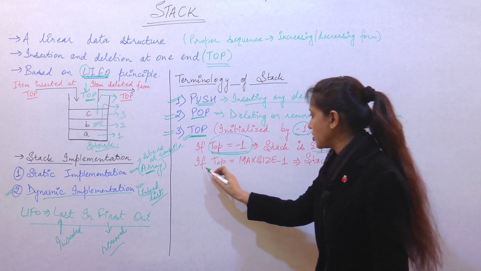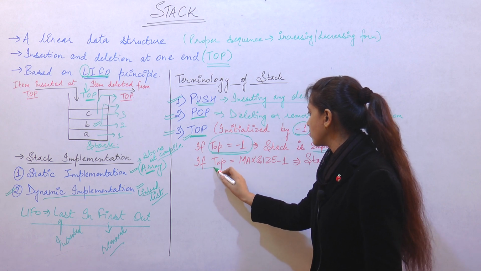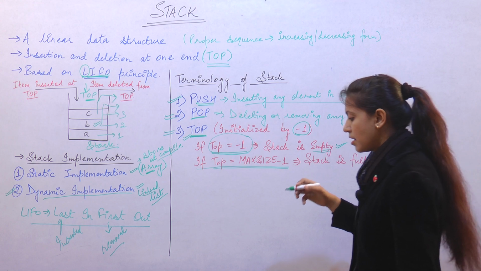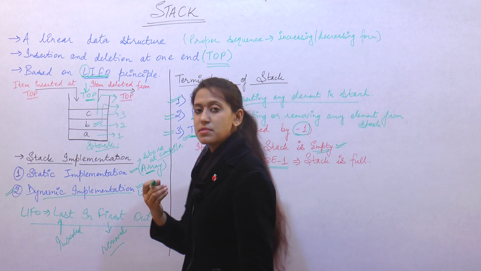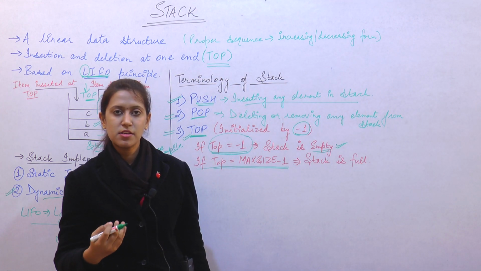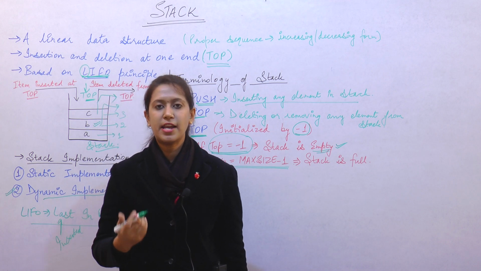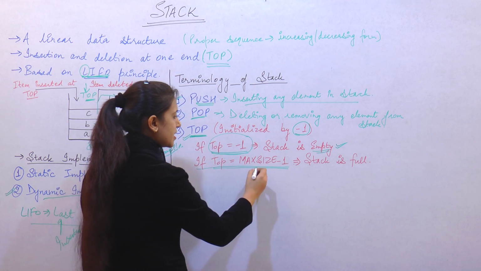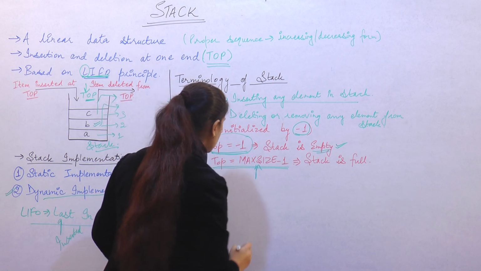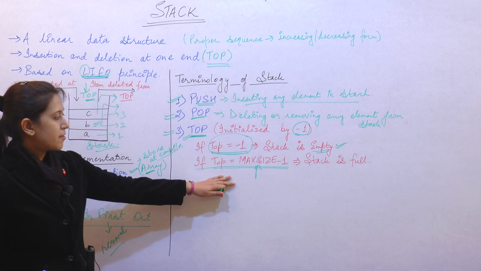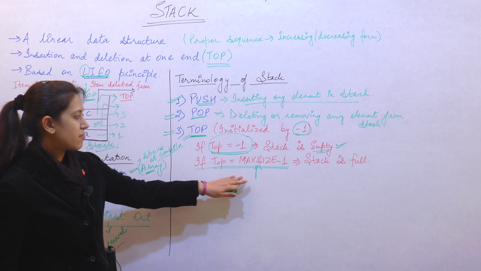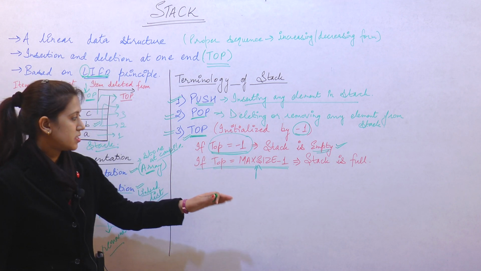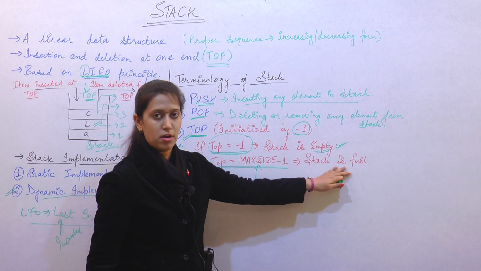And the next condition is if top equals max size -1. Max size means the maximum size of the stack, the maximum number of elements that a stack can hold. So if the condition top equals max size -1 is encountered in our next lectures, that means the stack is full.